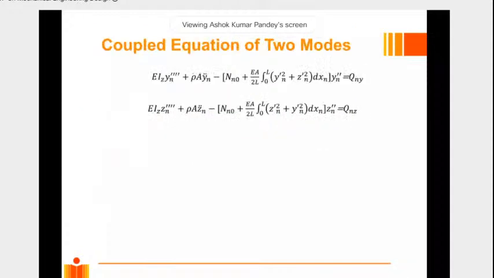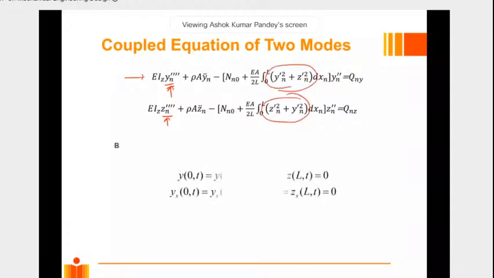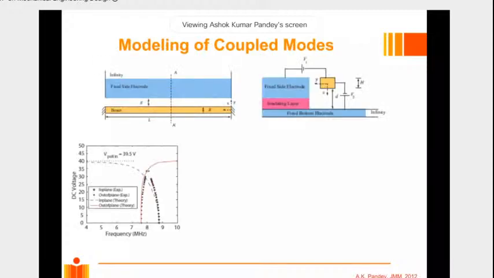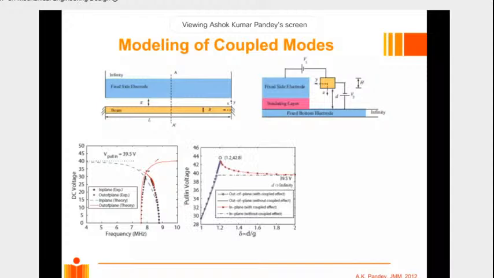This is for mode 1, so let us say y, this is for another direction, the motion in another direction, and here you see there is a coupling happening because of the stretching effect. Okay, so when you solve it, what you really get is something like this that I was talking about. One is going like this, another is like this, and it can also help you to increase the operating range.